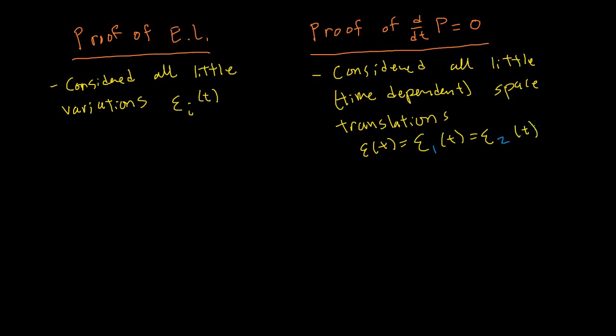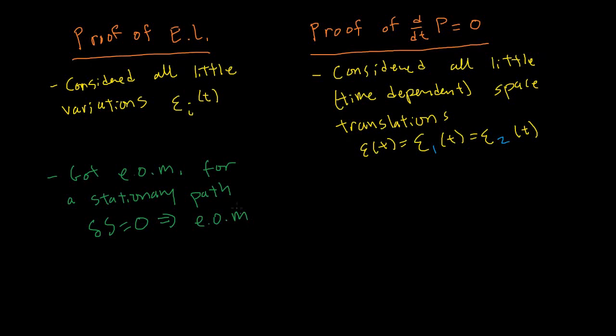So for the Euler-Lagrange equation, once we did this, actually let me change colors. Once we did this, we got the equations of motion for a stationary path, right? So we set delta of s equal to 0, and then we got our equations of motion.